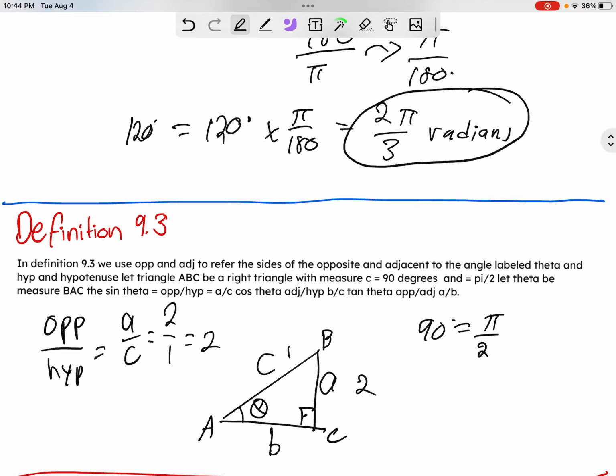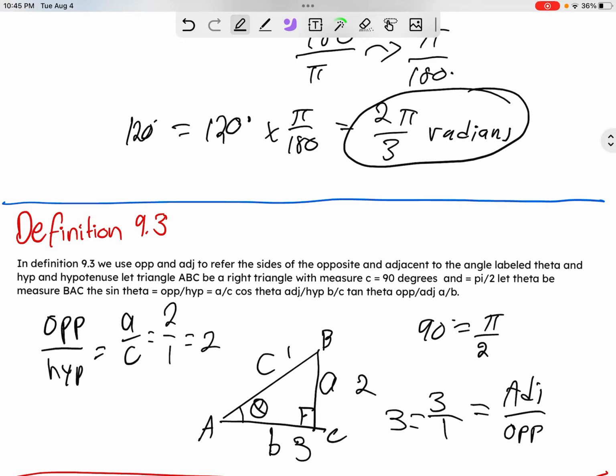I'll give this other side a 3. For cos theta, it's adjacent over hypotenuse. Adjacent is B, so B is 3 over C, which is 1. So that means this will be equal to 3.